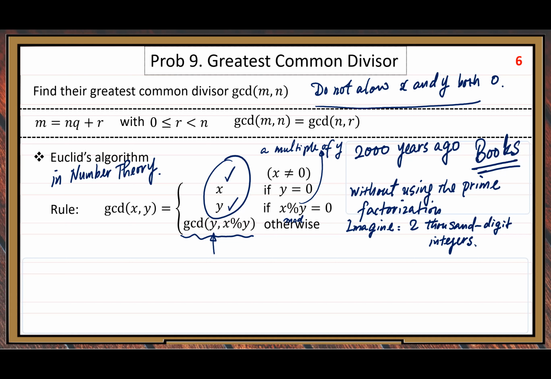It's an interesting problem, not too hard. Implementing Euclid's algorithm is easy, but at the same time you need to compare it with the prime factorization method.